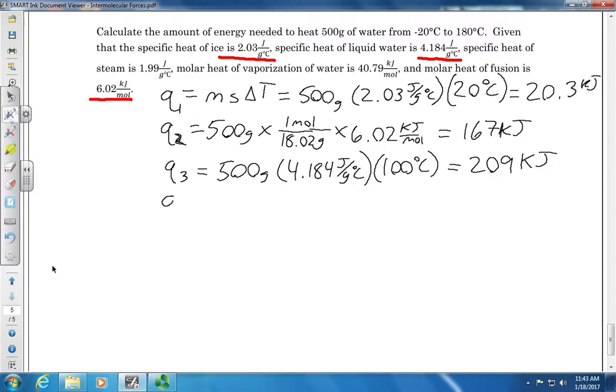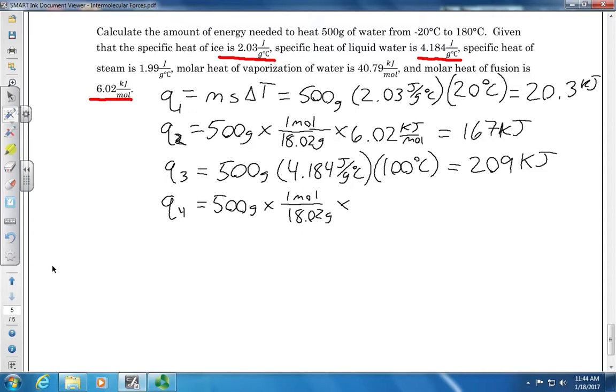So for Q4, we're converting all that liquid water to steam. So again, we're going to take 500 grams and multiply it by 1 mole over 18.02 grams.